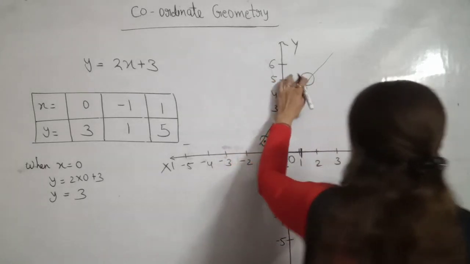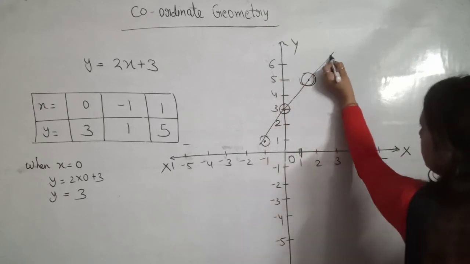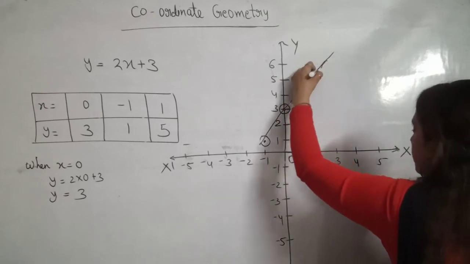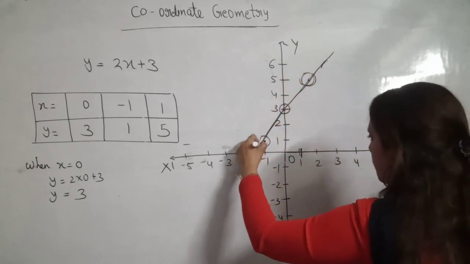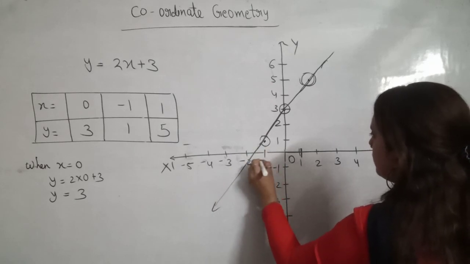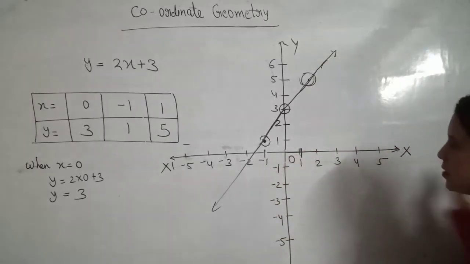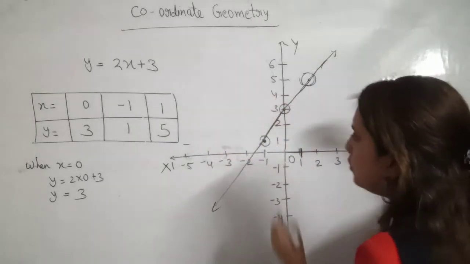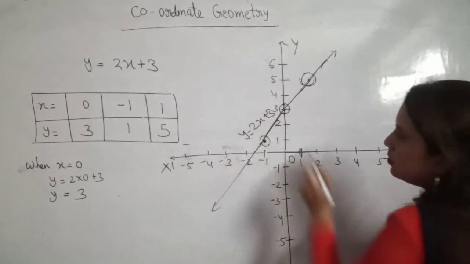When you draw it properly on the graph paper, it will be a straight line. So this is the graph of the equation y is equal to 2x plus 3.